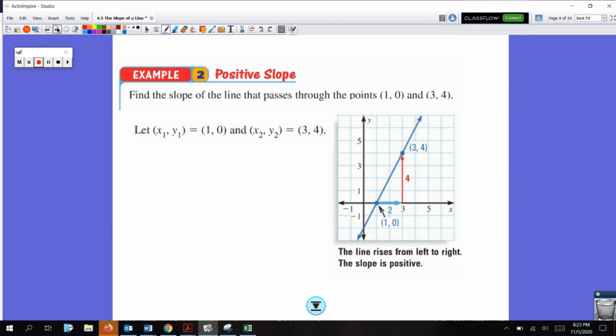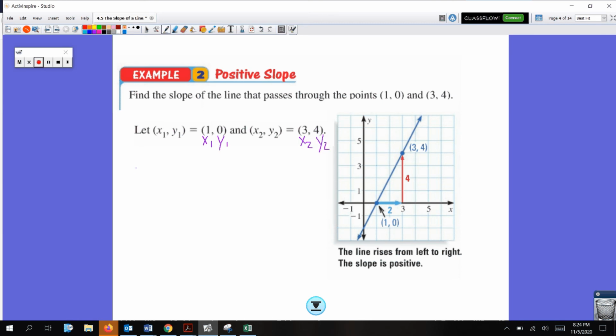So here we go. Now we're going to talk about example 2, positive slope. Find the slope of the line that passes through the points (1, 0) and (3, 4). So we're going to let x1, y1 be (1, 0). So here's my x1 and my y1. And we're going to let x2, y2 be (3, 4). So this is my x2, y2.